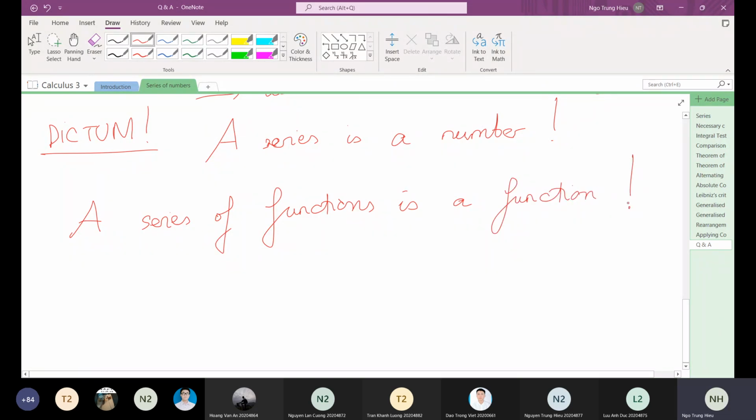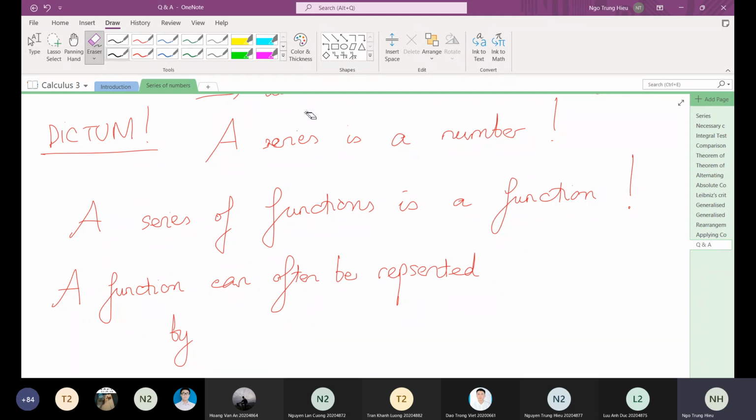And another dictum: a function can often be represented by a series of functions.